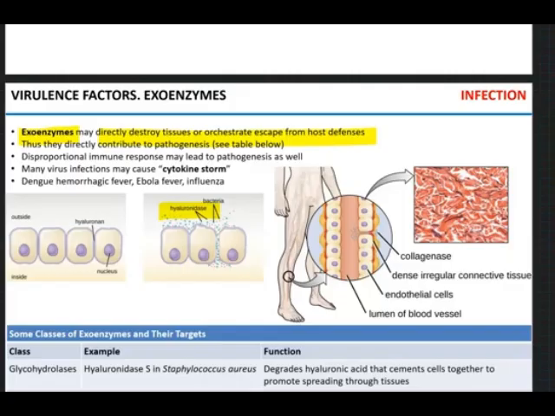Or coagulase, produced by Staphylococci, those are sneaky little bastards. Coagulase stimulates formation of fibrin, which forms a protective mesh around bacteria so macrophages cannot reach. Okay? That makes sense. The actions of exoenzymes.